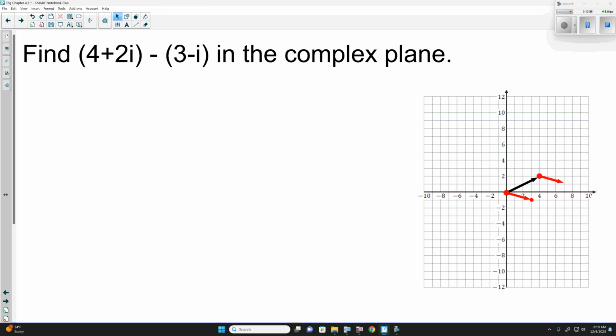We went tail to point. This would be adding. Now for subtracting, we go point to point to get this here. And then for the other one, we would go tail to point to get it back the other way. Or really, to get this, let's see here, I need to flip it up, down, and flip it left, right.